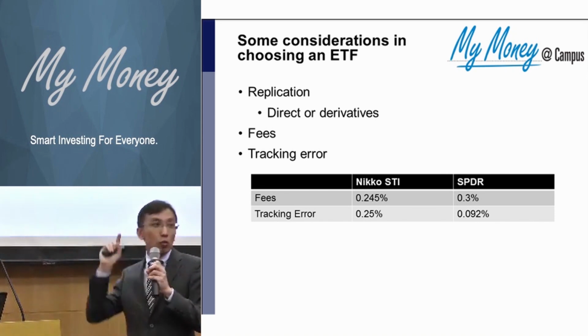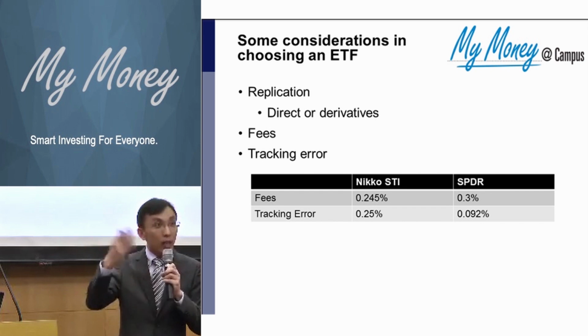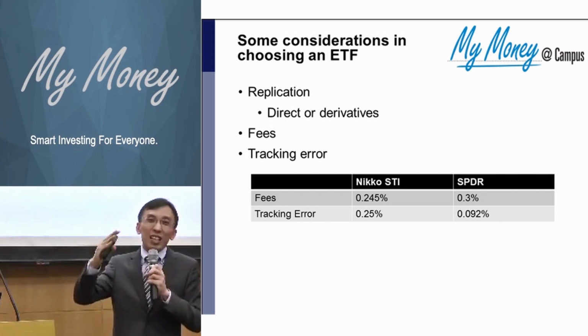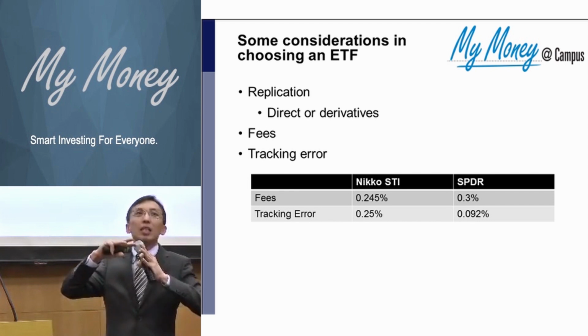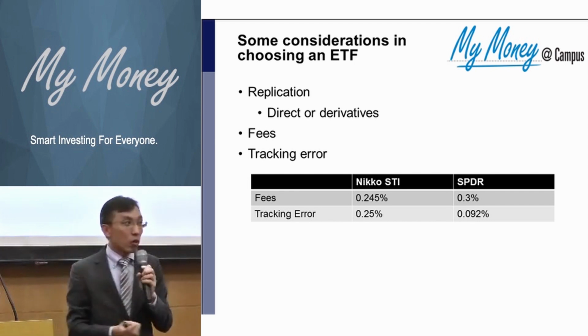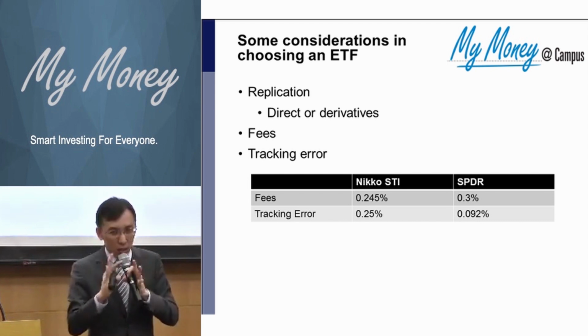You are investing into this company. So if this company owns 500 stocks, basically you are a shareholder of these 500 stocks, right? So a physical replication kind of ETF is one that actually goes and buys the 500 stocks. That's physical. It's in a way safer.